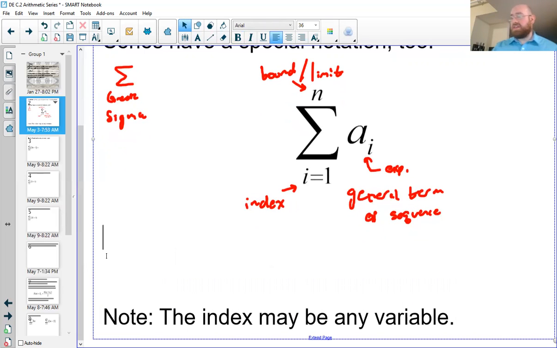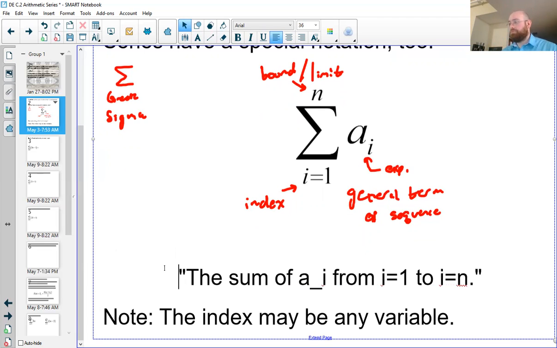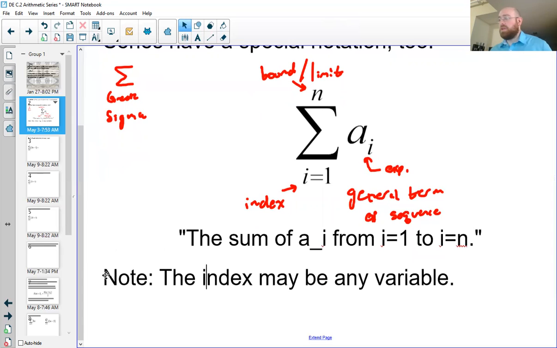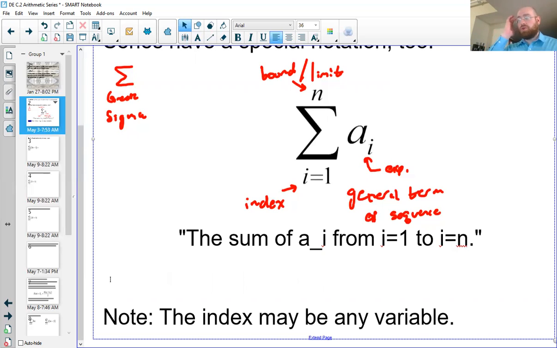The way you read this is the sum of a sub i from i equals 1 to i equals n. So we're adding all of the terms from this expression for the values from 1 to n.